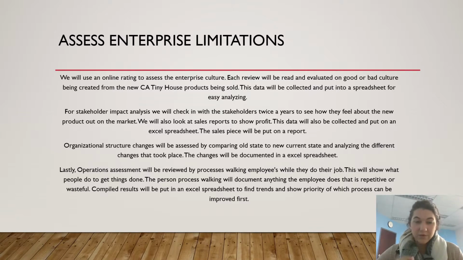But most of all, we used Excel to put all of the results in so they can be analyzed easier and manipulated to give us answers to our questions on what we can do to improve these areas and create a better solution than the one we implemented.